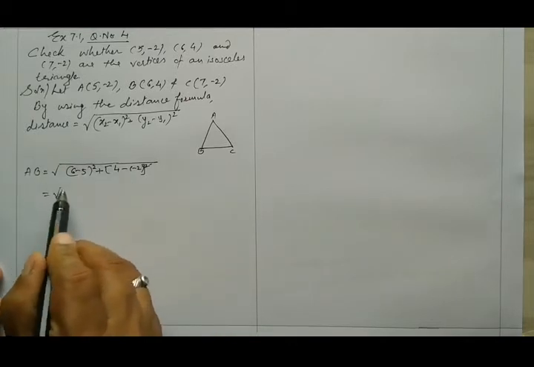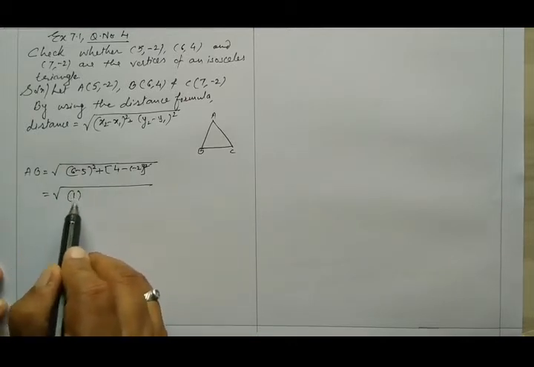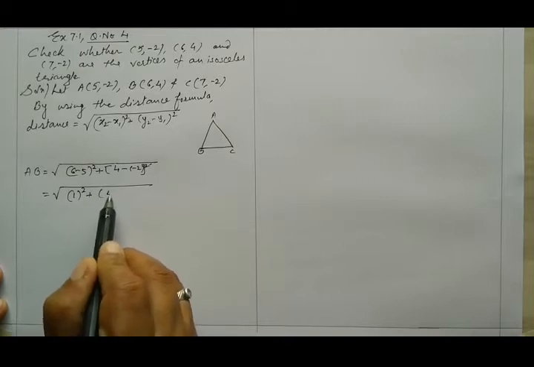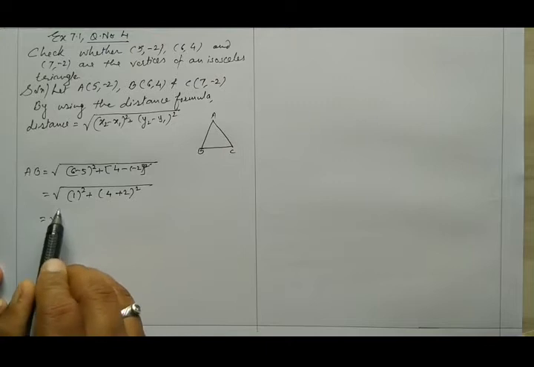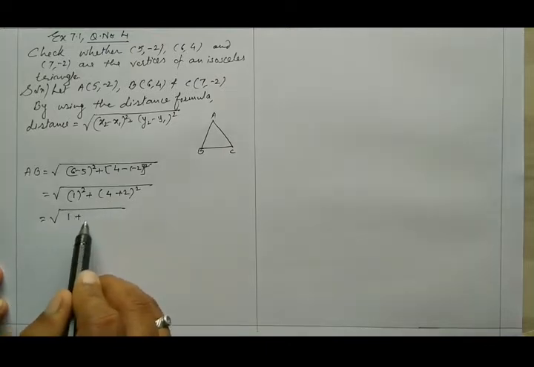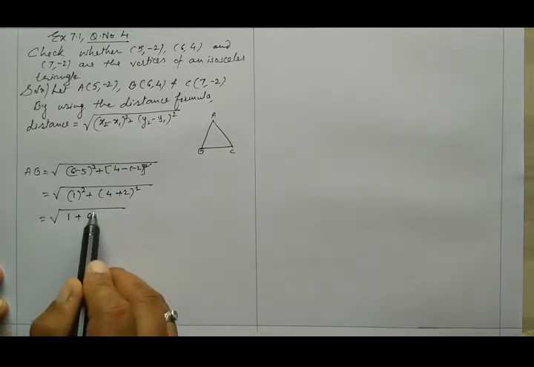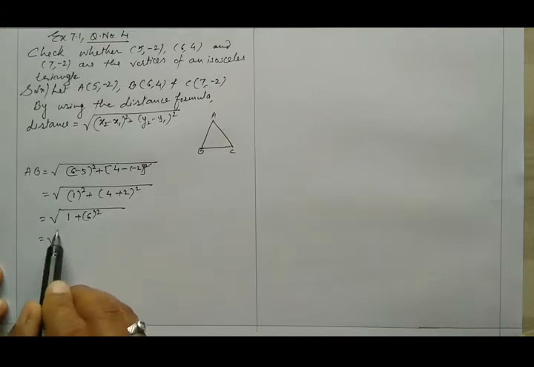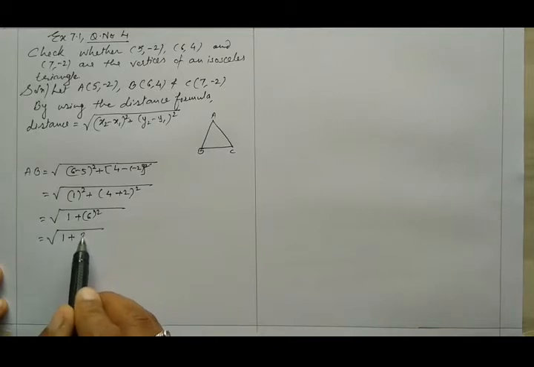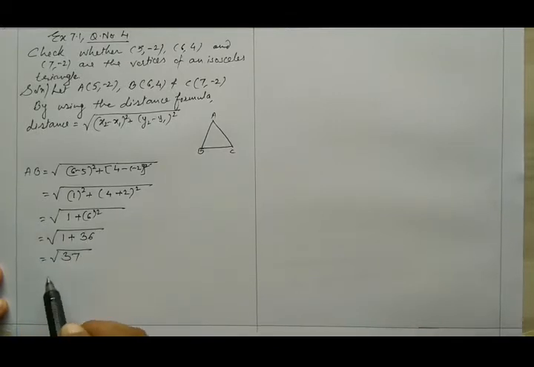So this will be 1 square, and 4 minus into minus, so plus 2, whole square, that is 6 square. So 1 plus 36, so under root 37.